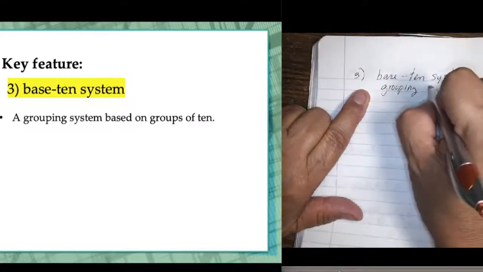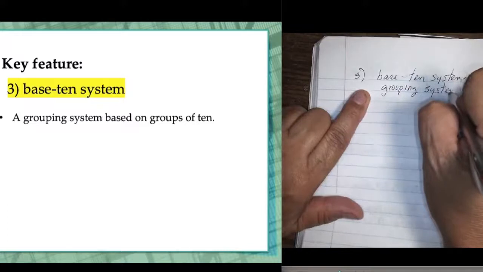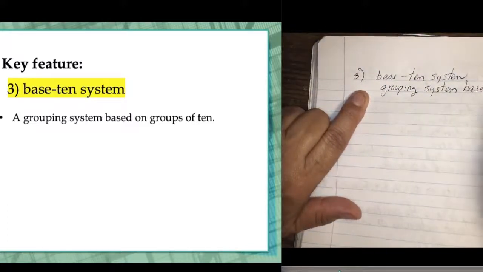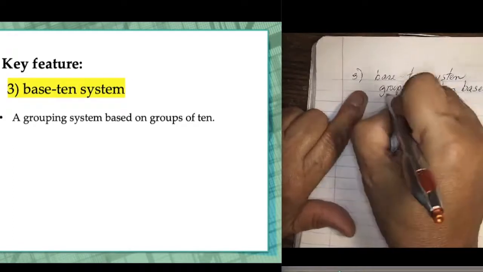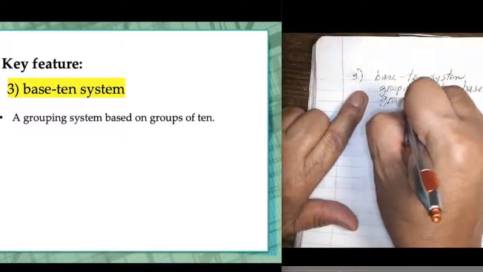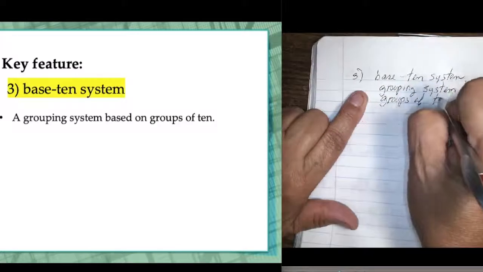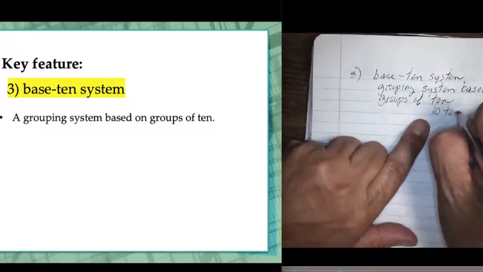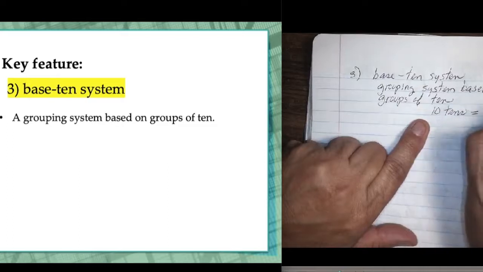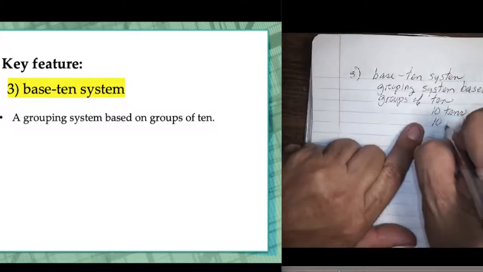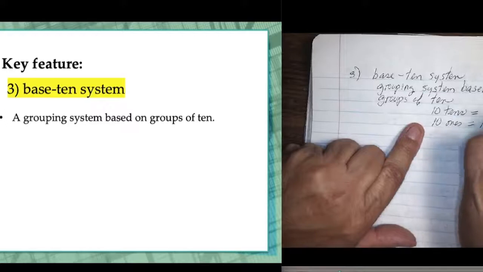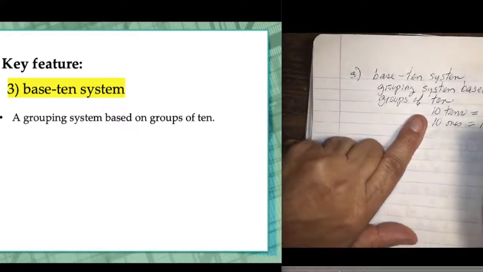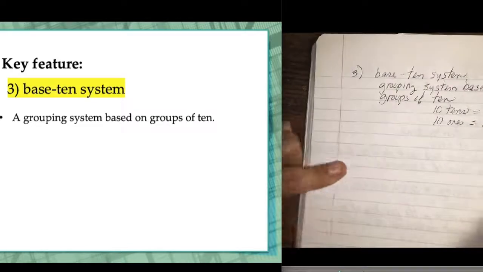A grouping system based on groups of 10. And we said, for example, that 10 ones make 1 ten. 10 tens make 100, and so on.